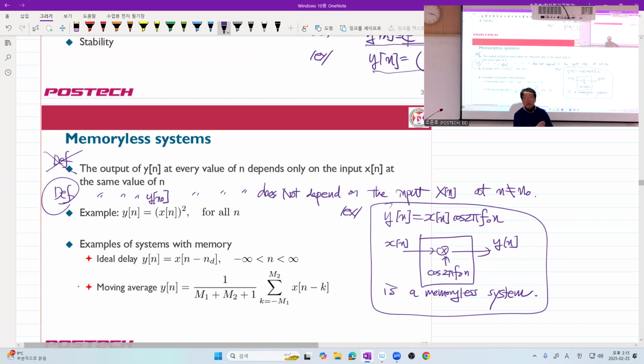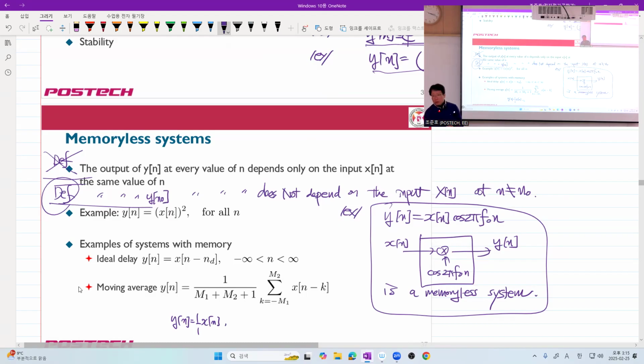It's a system with memory, because in order to satisfy this definition, only this type of identity system, as a very special moving average, can be memoryless.